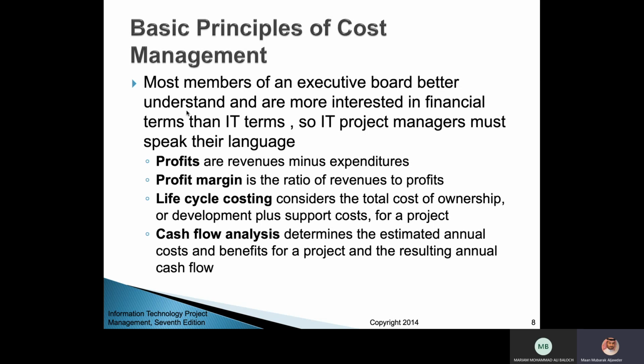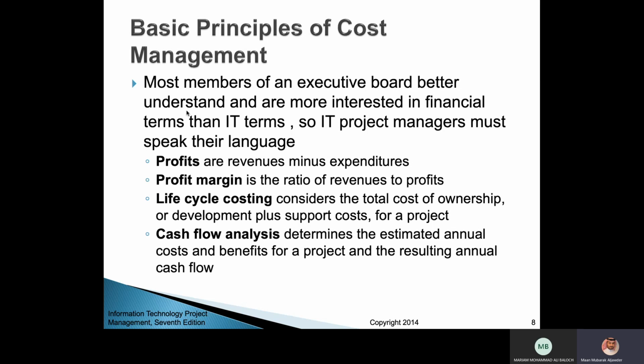The life cycle costing considers the total cost of ownership. So the project will have some costs when you start developing. If you are, for example, developing an application, and this application development took you 6 months.